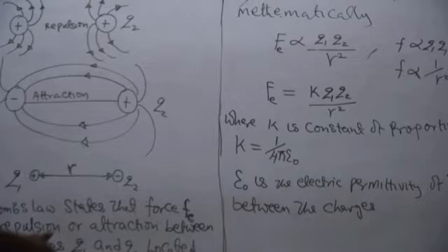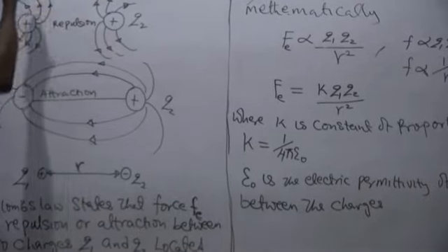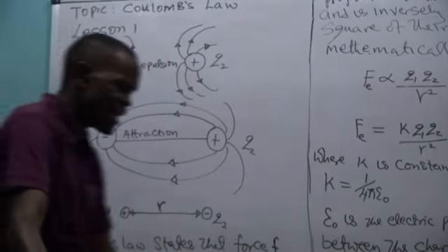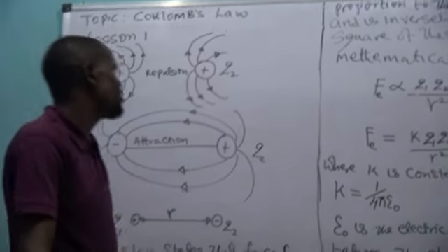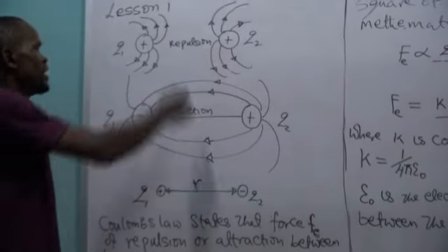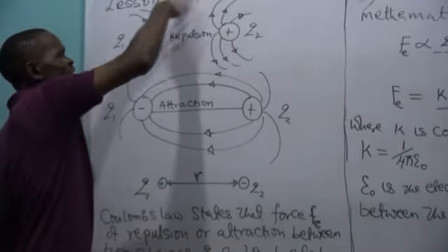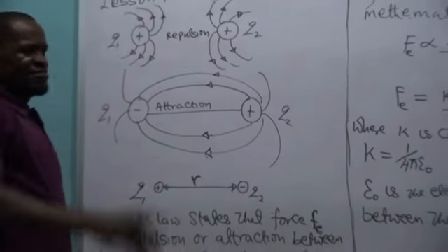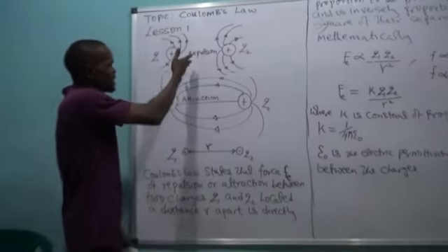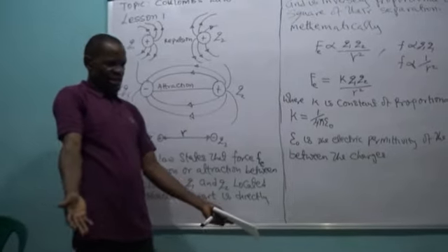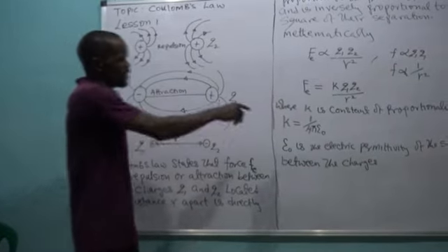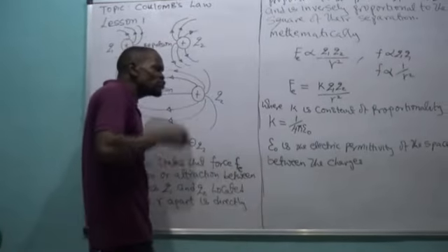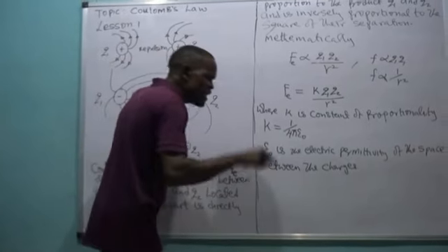And what is the space between the charges? These charges are situated in free air, like me here. As I'm talking to you, I'm in free air. The space between these charges is free air. This experiment is done in free air. So this is called the permittivity of free air.